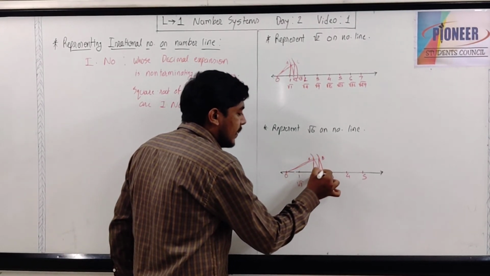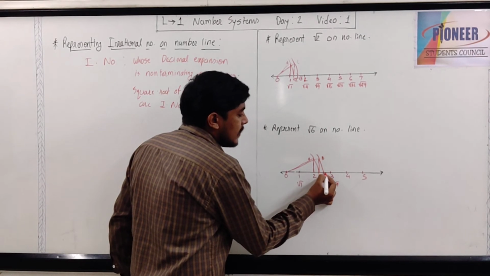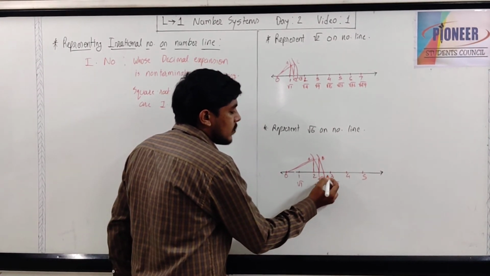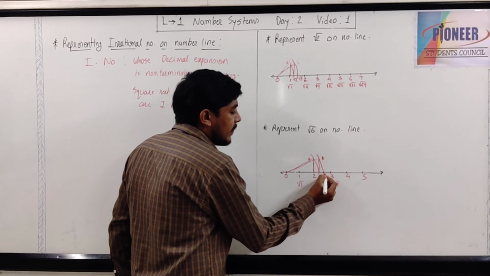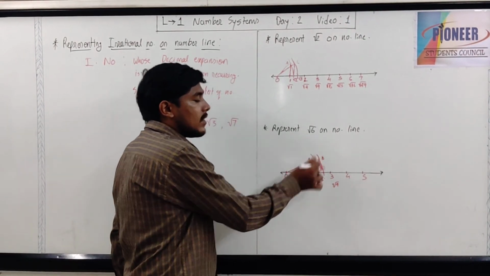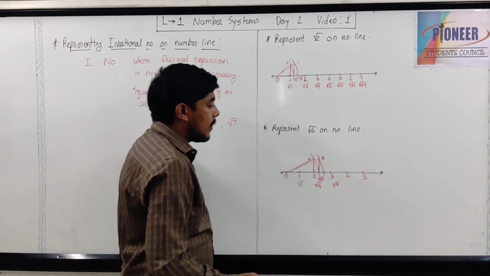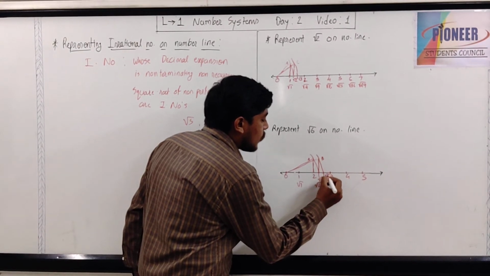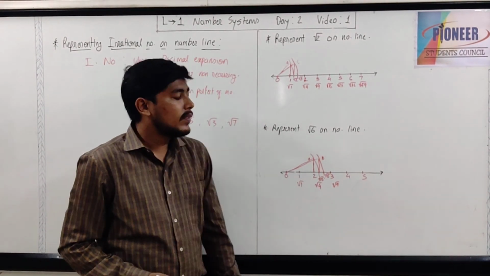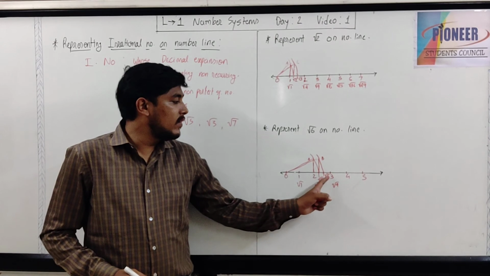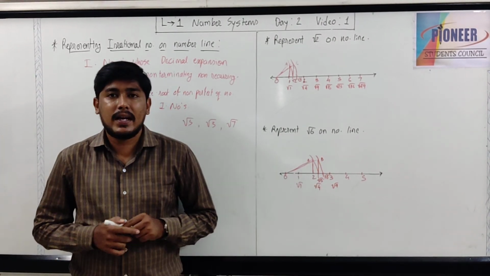Make an arc of it, and this arc will intersect the number line. The point at which this arc intersects the number line will be root 6. And this is how we will represent root 6 on the number line.